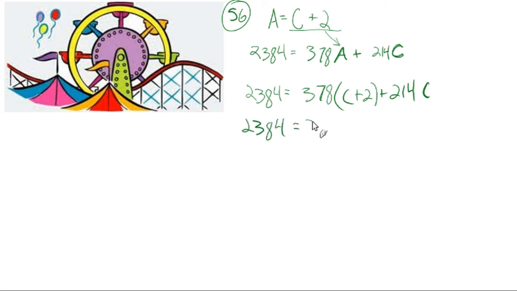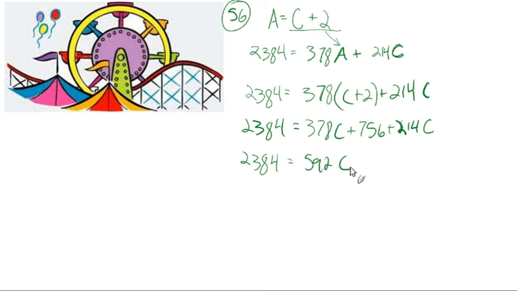Okay, so we have 378C plus 756 plus 214C. Okay, let's put together the like terms, 378C and 214C. $592C plus 756.